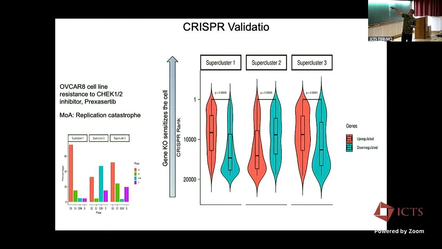In both cases, these are arrested cells, remember. So knocking out the genes that are specific to these superclusters is likely getting them back into a cycling state, and that would be consistent with them becoming more sensitive to the drug. Whereas supercluster 2, which is cycling to begin with, if you knock out the important genes in it, it might become arrested and less sensitive to the drug. So that's also perfectly consistent with what we are seeing.